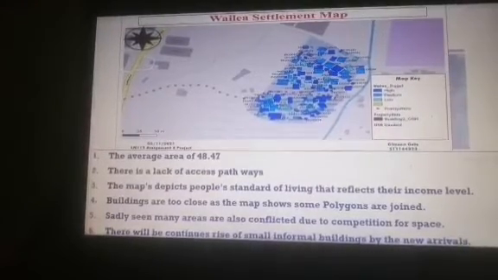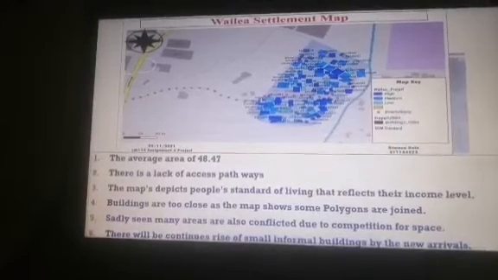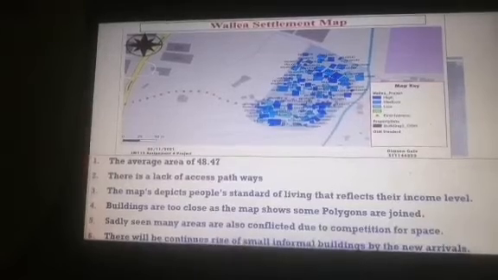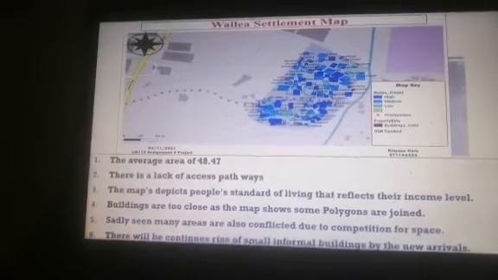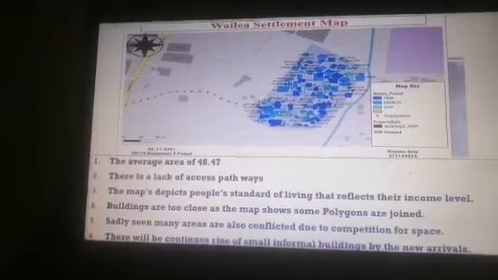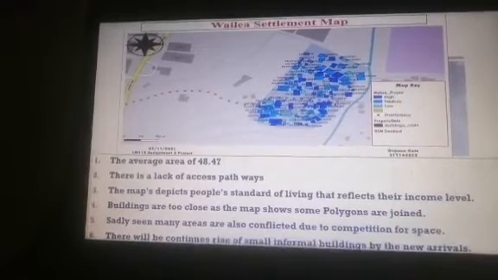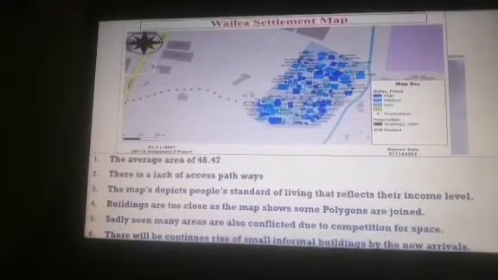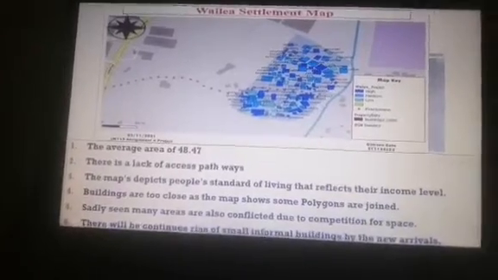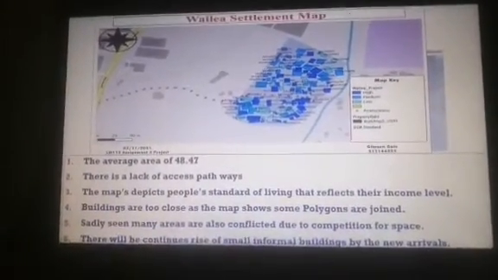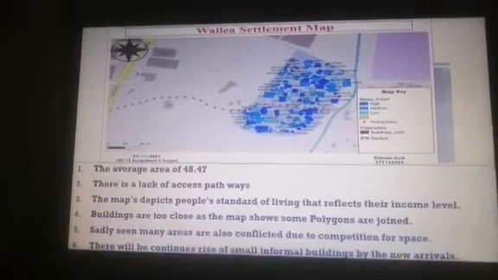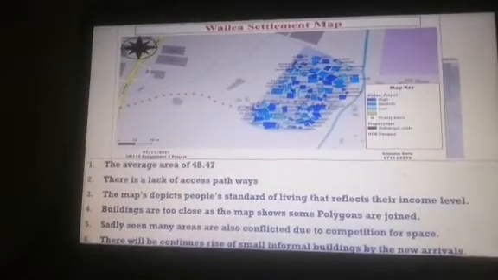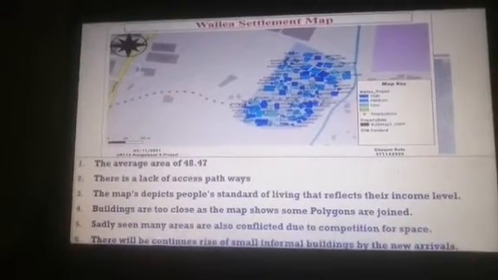This will create unwanted health and social issues, for instance, crime and spread of disease, high risk of disaster, for example fire, informal land tenure, and confrontation over land space. This will keep the dwellers in a high-risk trap, thus responsible authorities are needed here to take action on what is suitable for Wailea settlement.